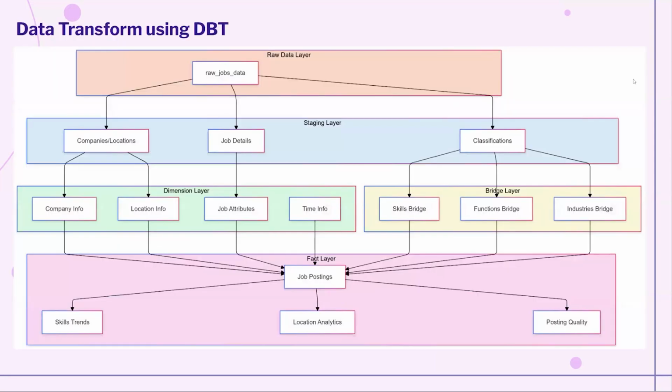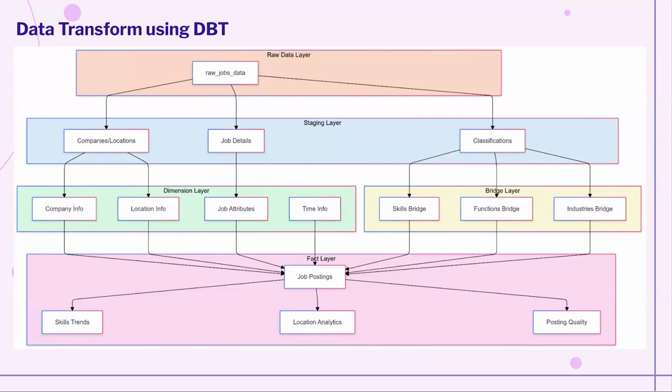And this is the detailed data transformation using dbt. First, after we import the raw data from S3, we separate it into a staging layer. In this layer, we do some basic data cleaning and standardization. In the next step, we separate it further into different dimension layers.